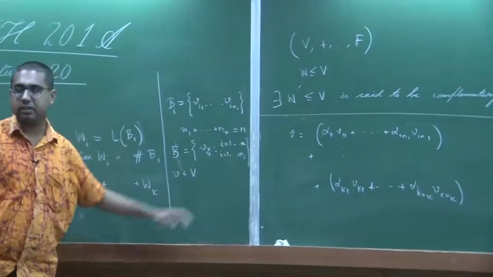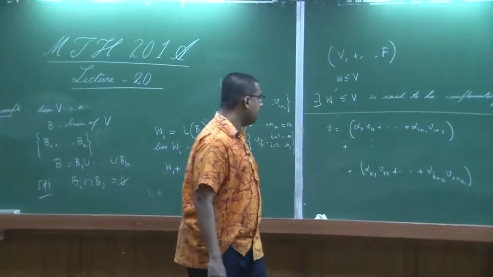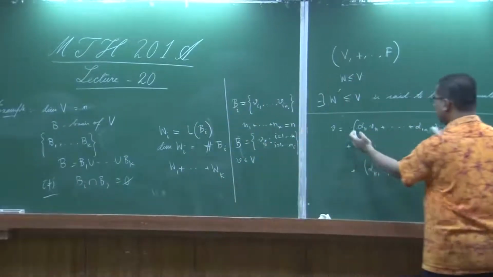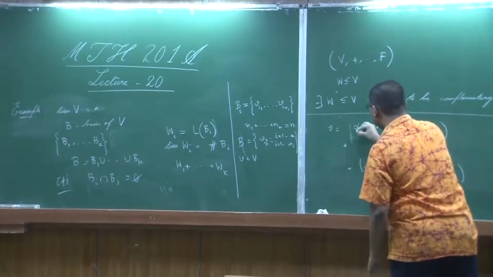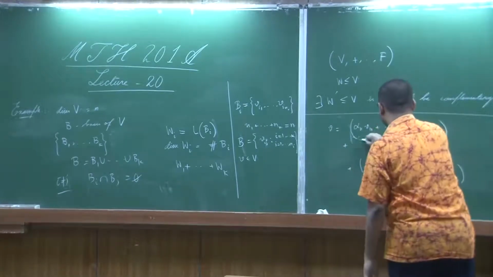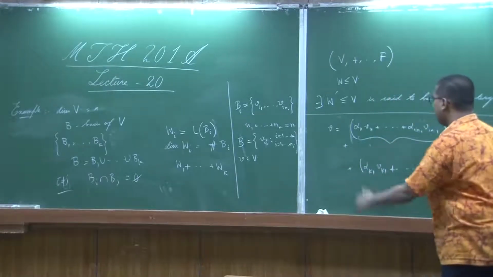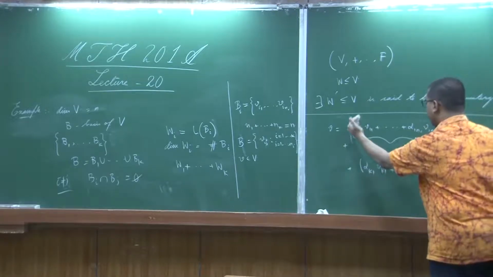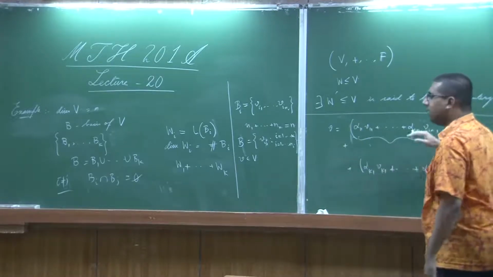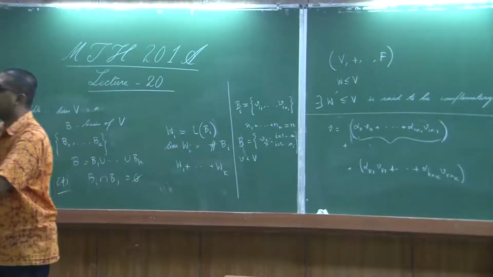Because this is my basis, I will have scalars alpha_ij like this. Now, this particular part lies in W1. Similarly, for the ith parenthesis, the sum appearing in the ith parenthesis is a member of W_i.